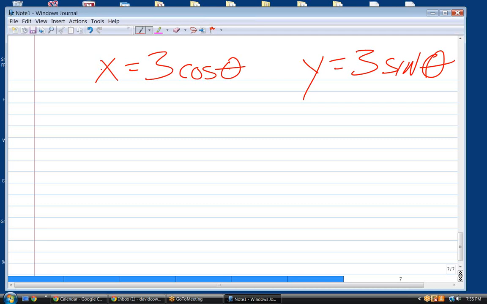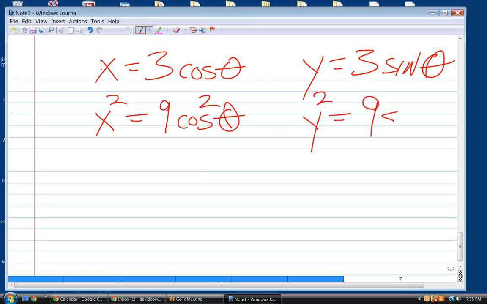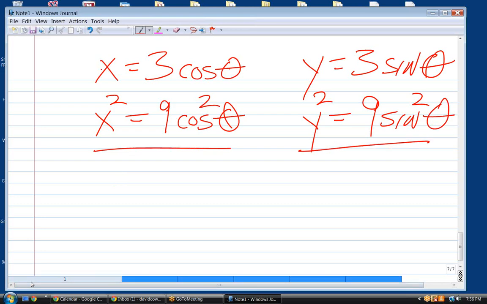That is, square both sides. It's been a while since I've done this. I got to remember how this works. So now we can certainly add two equations together, right?